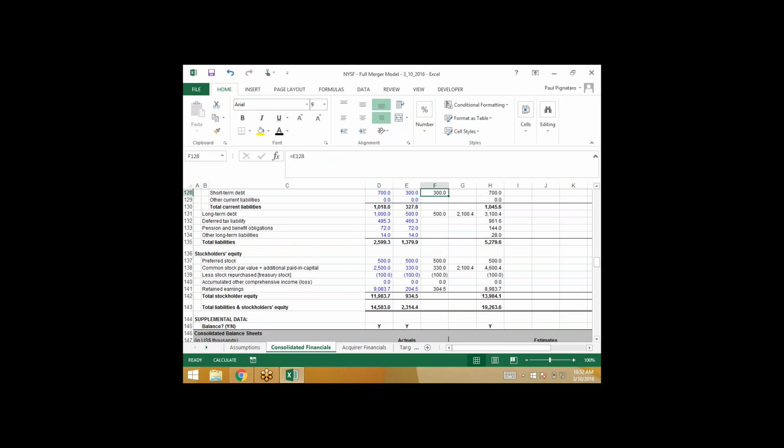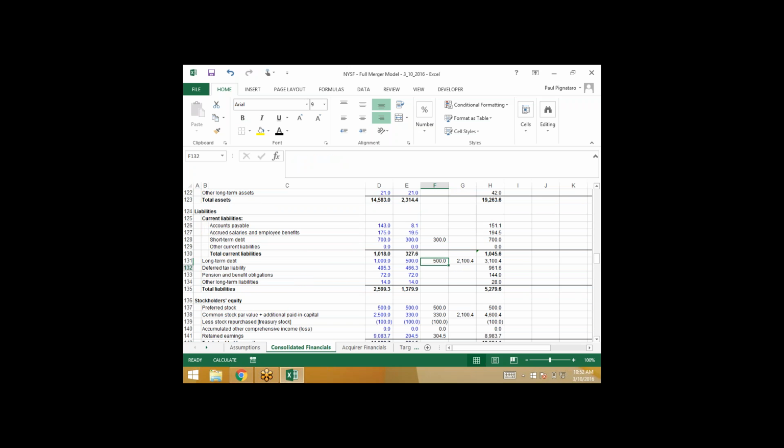Some other ways to look at this, Jing, I don't know if this is what you were asking, but what does our purchase price represent here? What's the purchase price?